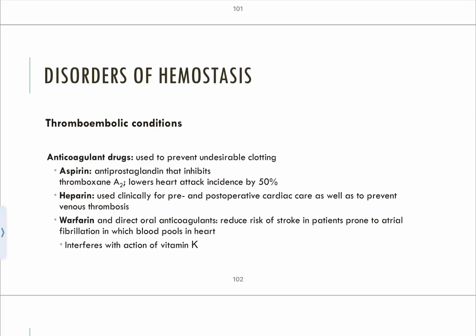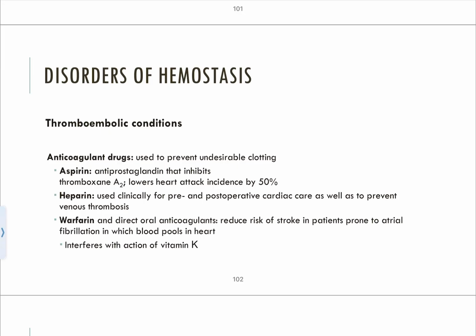The third one is warfarin. So that's an oral drug. A lot of times it's used in outpatient treatments because it doesn't have to be administered via IV, and it's going to help reduce the risk of stroke in patients who are prone to atrial fibrillation.